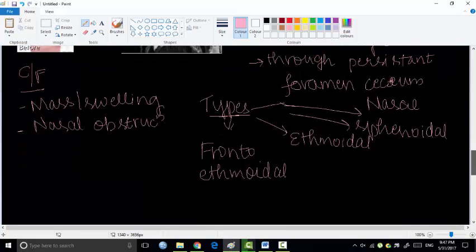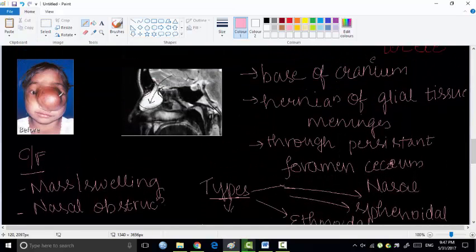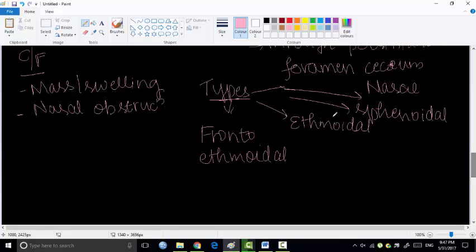As we said, the clinical features are a mass or swelling, and due to this swelling there may be nasal obstruction, right? So what do you see on anterior rhinoscopic examination? This is the sign which we see.